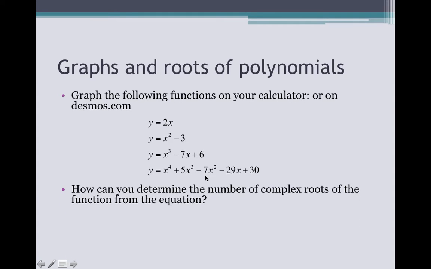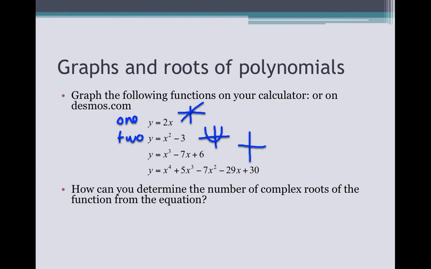So how can you determine the number of complex roots of the function from the equation? Well, if you look, y equals 2x looks something like this. It has 1 complex root. Y equals x squared minus 3 looks something like this. It has 2 complex roots.